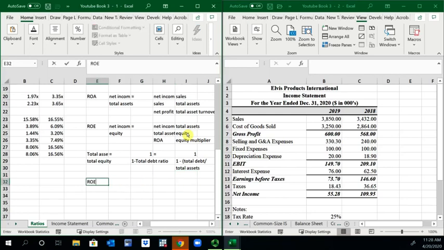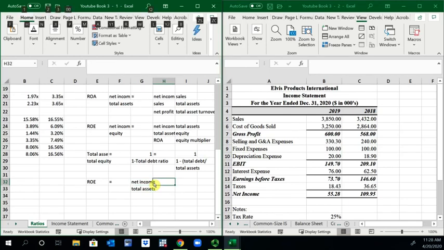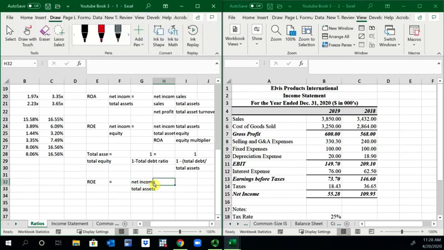Doing a little bit of substitution algebra here, ROE is equal to net income divided by total assets, and then all this is divided by one minus total debt over total assets.